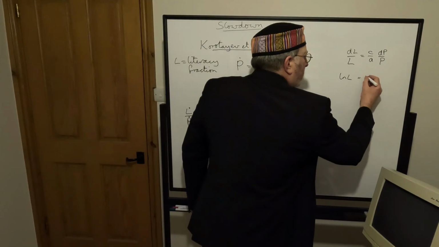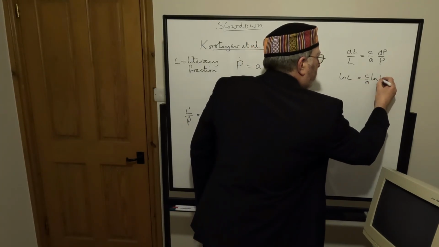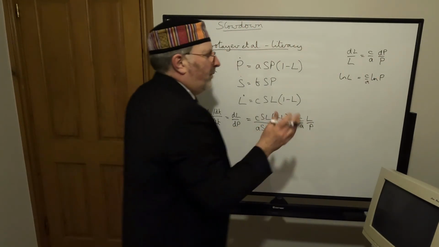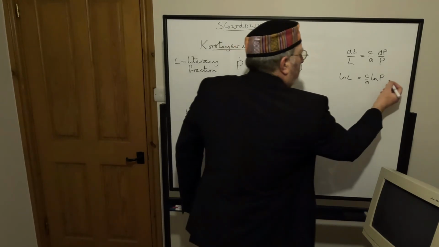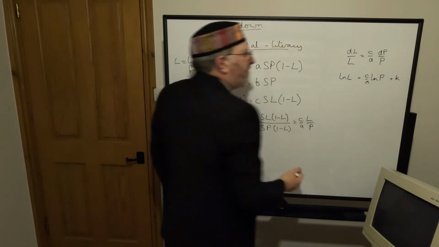And on this side we'll have C over A times the log of P, because again it's 1 over P, integrated with respect to P will be just log P, plus a constant, say K.